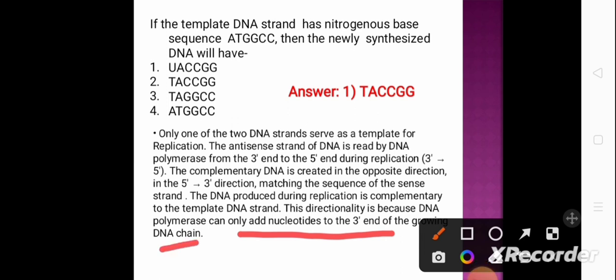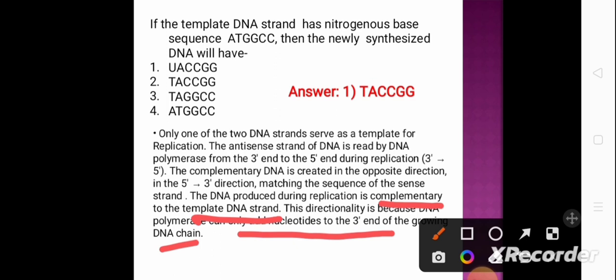Here it is mentioned that ATGGCC is the nitrogenous base sequence in the template strand, and you have to find the sequence of the newly synthesized DNA. The DNA produced during replication is complementary to the template DNA strand.